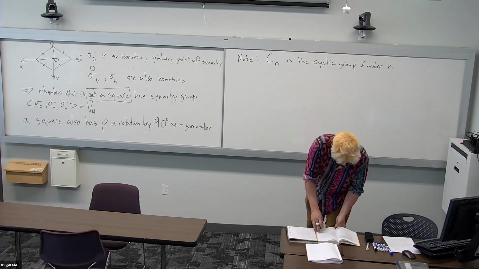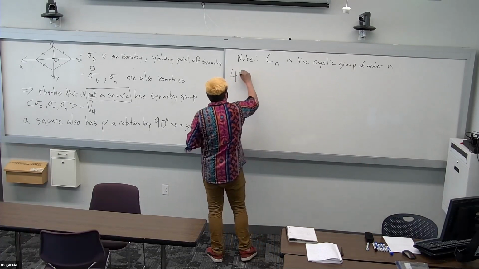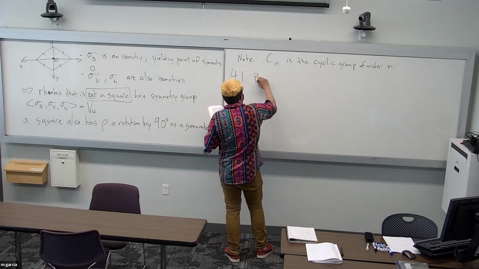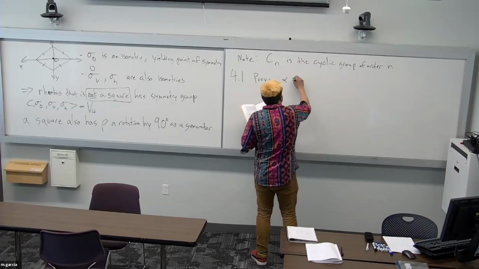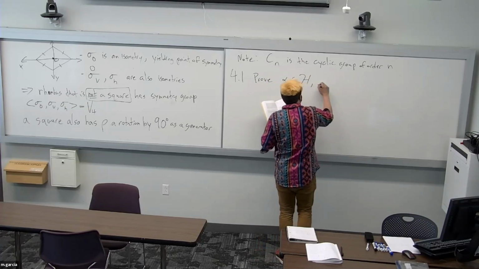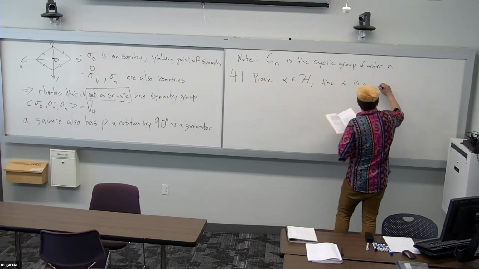So, right, 4.1 asks us to prove that if alpha is in the group generated by half turns, then alpha is an isometry.